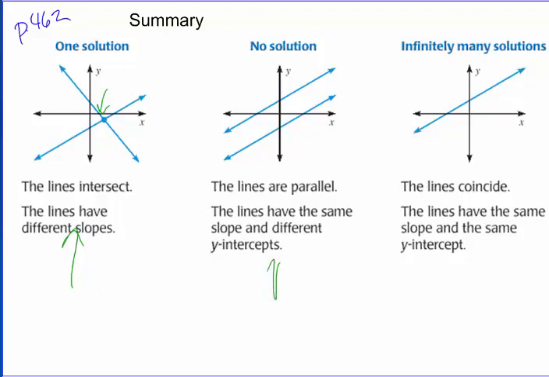You have the no solution, which means your lines are parallel. So you have two lines that do not intersect. Then you have the infinitely many solutions, which means the two equations give you the exact same line. So if you look at the graph, there's only one line on the graph. And then we have three different methods that we are using to find these values: graphing, substitution, and elimination. Those are the methods we have for finding these three types of solutions.